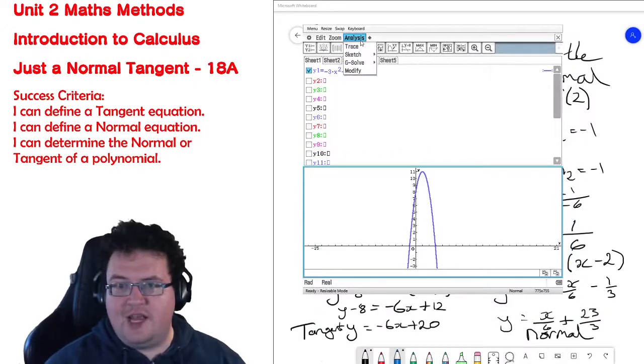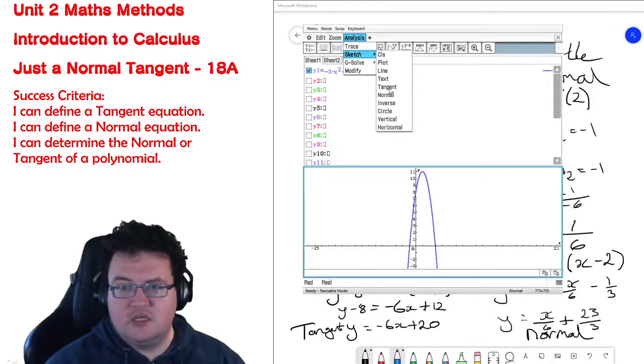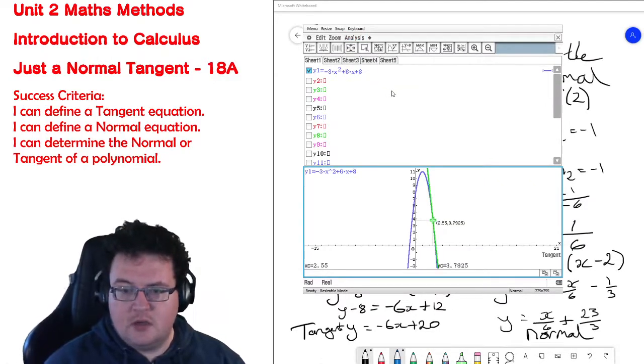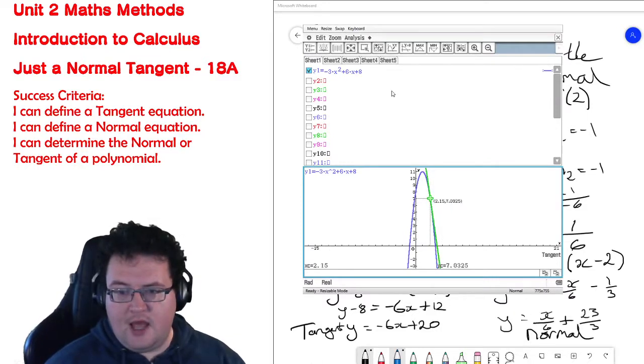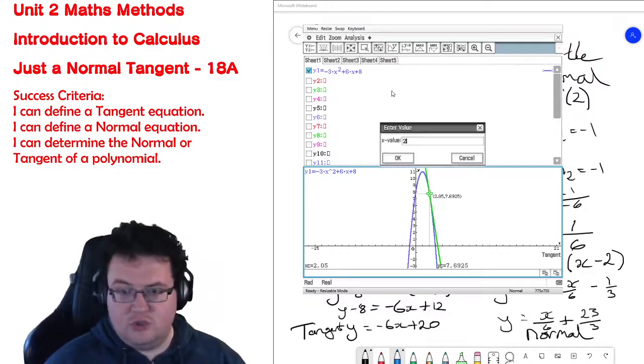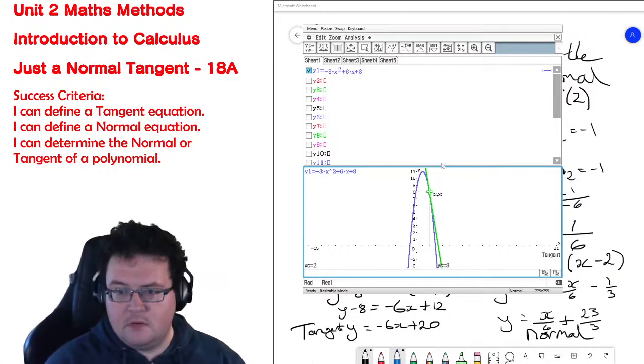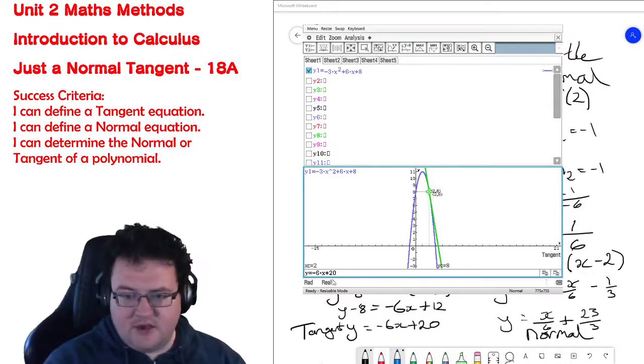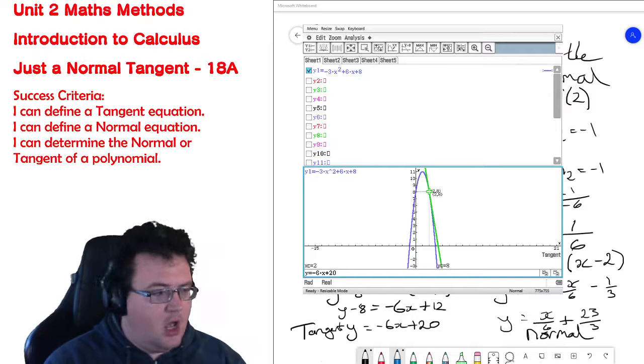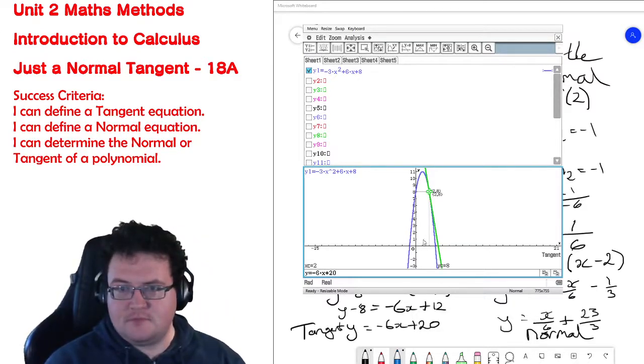So what we can do is we go analysis, sketch, tangent at x equals 2. And what you'll notice down the bottom there, it says y equals minus 6x plus 20. Oh, gee, would you look at that? It's right underneath. That's what I got.